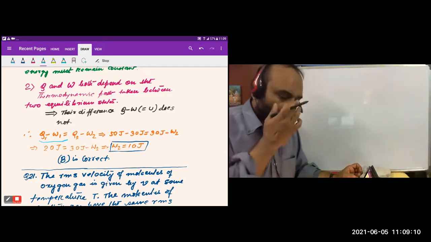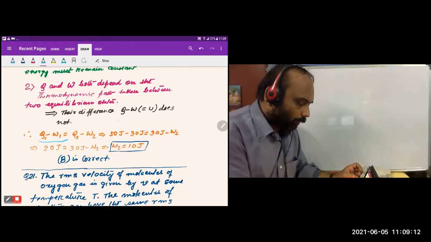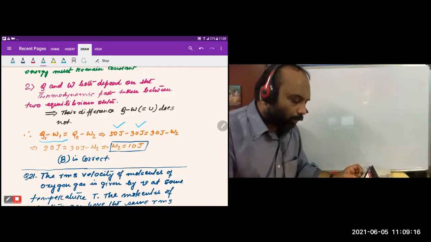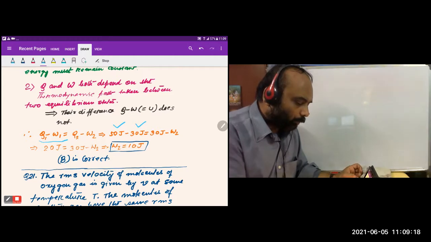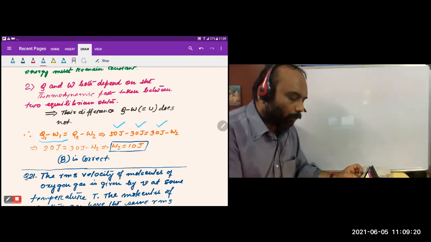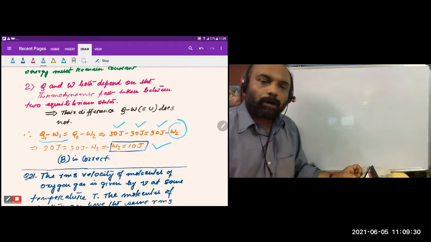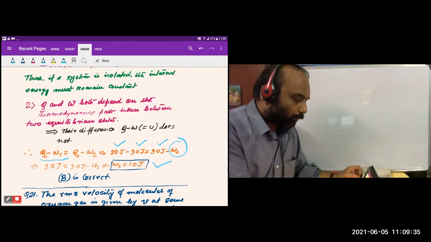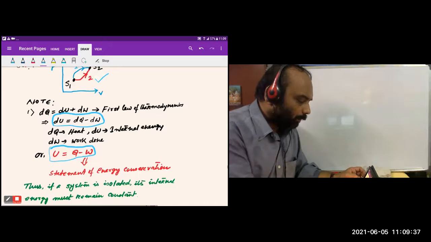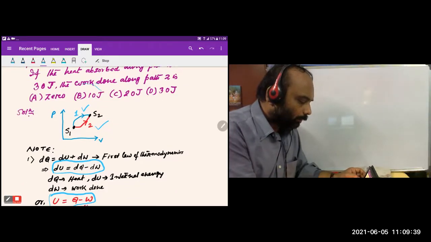So putting the values, Q1 is 50 joule, W1 is 30 joule, Q2 is 30 joule, and we have to find W2. So doing the calculation, we get W2 is equal to 10 J. So therefore, option B is correct.